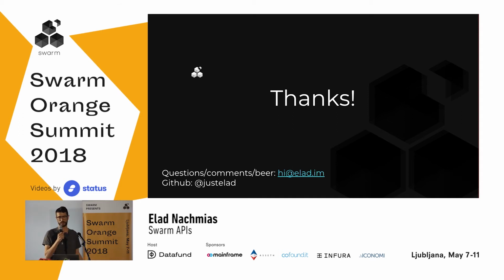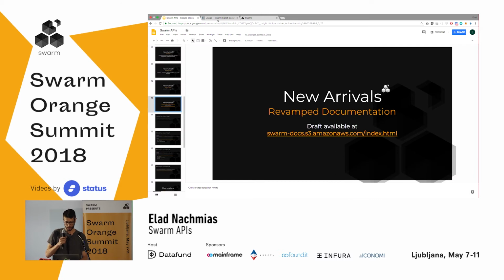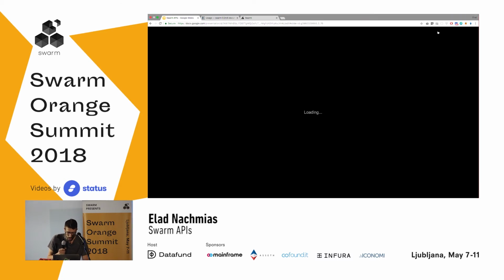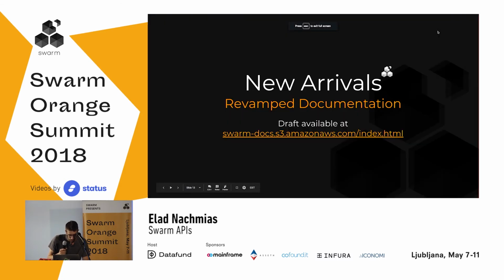So I guess that's more or less it. If you have any comments on our documentation, which I actually wanted to show you, this one right here. You can access a new documentation draft at this address.